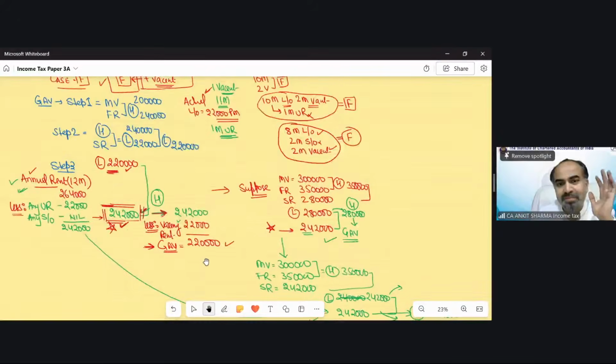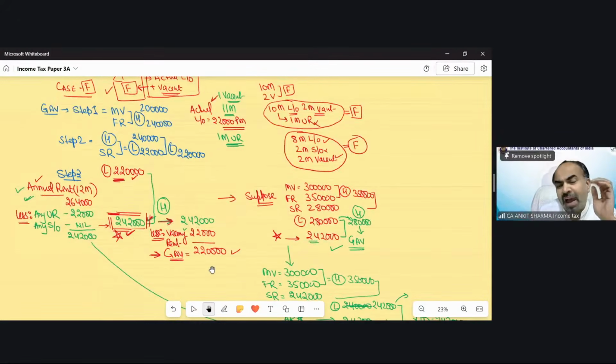Interesting. Now suppose I have not told you case number D, E separately, and there is a question in which it has been written, assessee has let out a property to a tenant for 10 months. There is 1 month unrealized rent, 1 month vacancy, 1 month self-occupied.